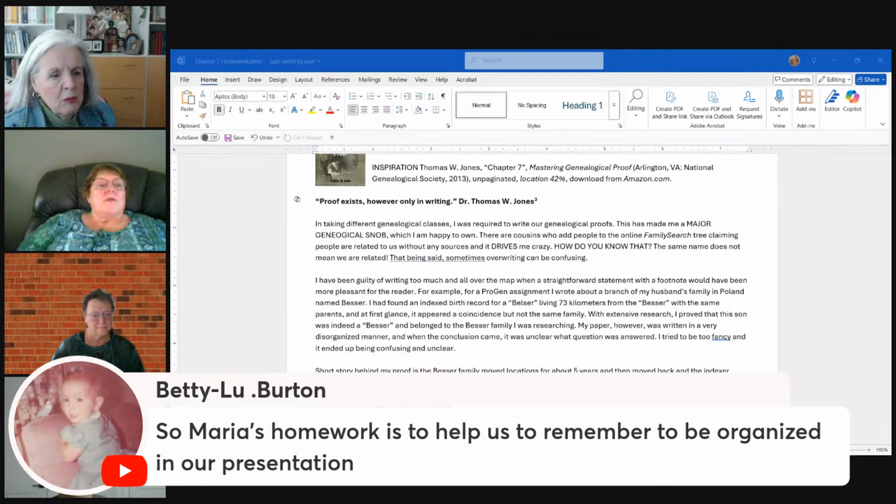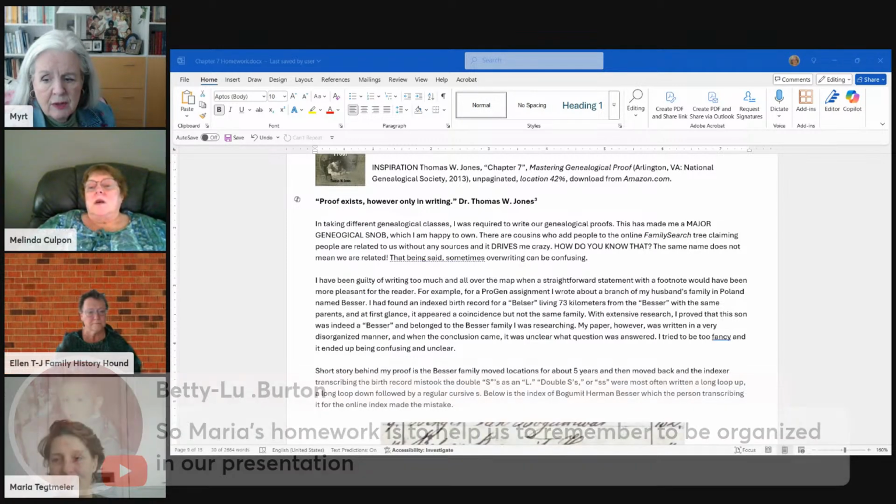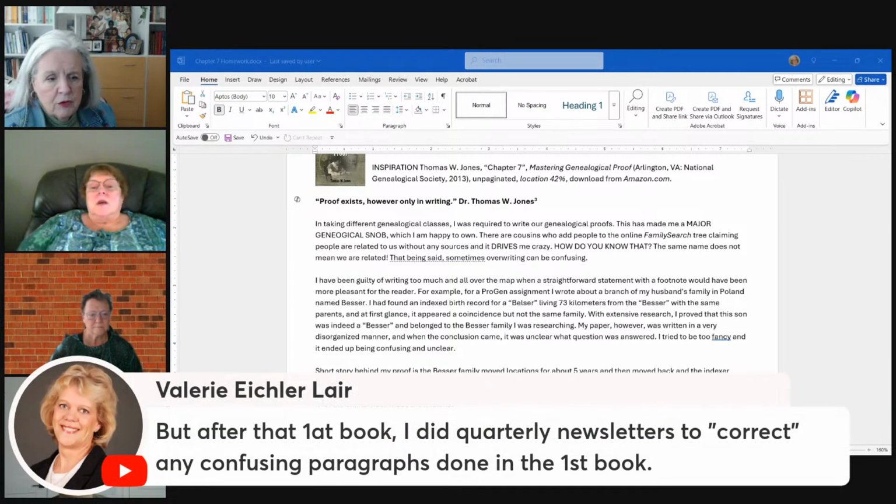So Betty Lou summarized your contribution that our homework helps us remember to be organized in our presentation. Yep. That's exactly what I'm saying. This is an interesting way that Valerie connected with the non-genealogists in her family. After that first book, she did quarterly newsletters to correct any confusing paragraphs done in the first book.